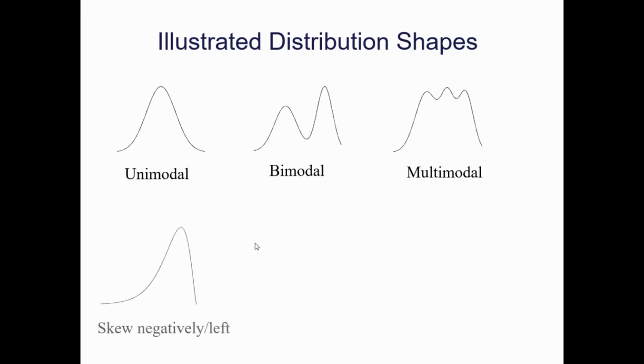Then we have our skewed. Skewed negatively, or skewed left, means we have a tail on the left side. Symmetric is exactly like it sounds. There's no tail. It's just even, exactly in the middle.